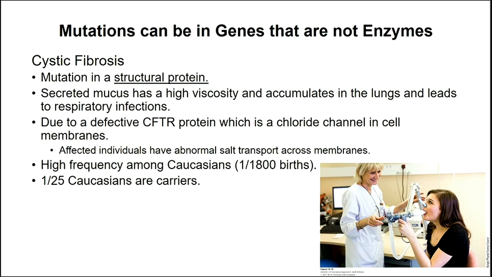A lot of the commercial direct-to-consumer genetic tests also test for this to determine if you're a carrier for cystic fibrosis. Again, this is a DNA change in a gene that encodes RNA that will be made into a protein that makes a chloride channel, and this defective chloride channel causes these problems.